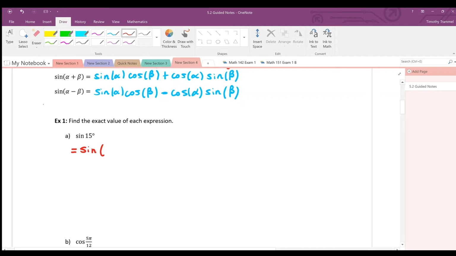There are actually several options that you can choose here, but one of the options that'll give us 15 degrees is 45 minus 30. And if we apply the bottom trig identity here, this would be sine of 45 cosine of 30 minus cosine of 45 sine of 30.